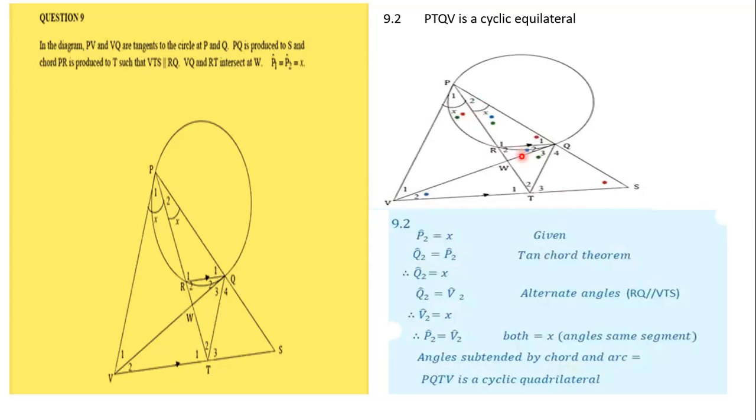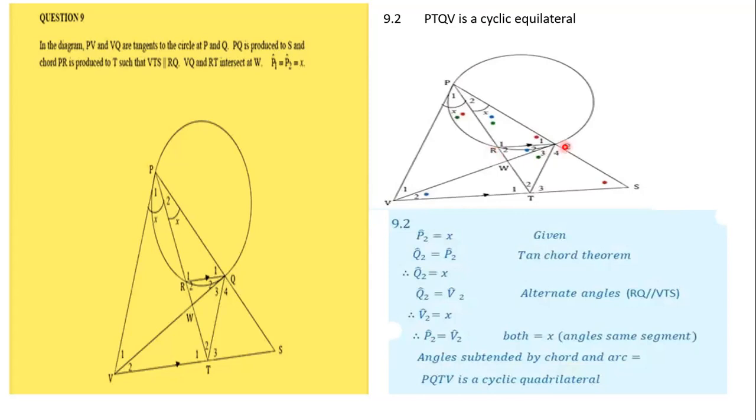Those blue dots are our Q2. The reason is the tan chord theorem, or you can say the angle between the tangent VQ is equal to the angle in the chord RQ.